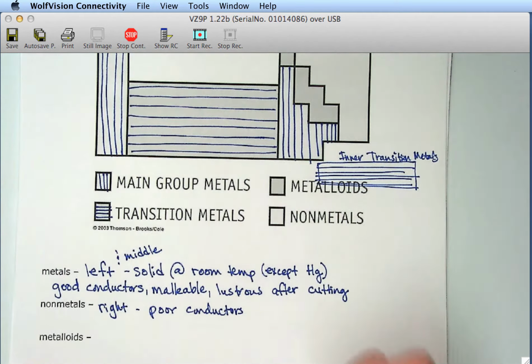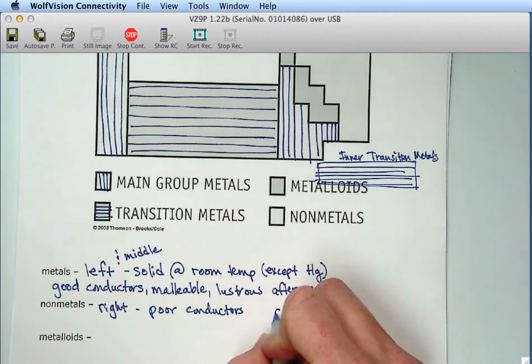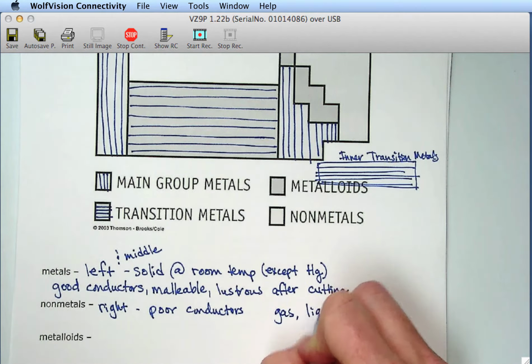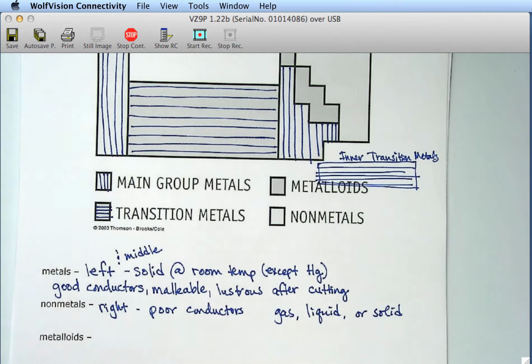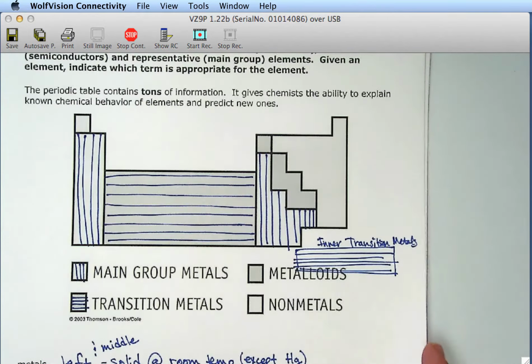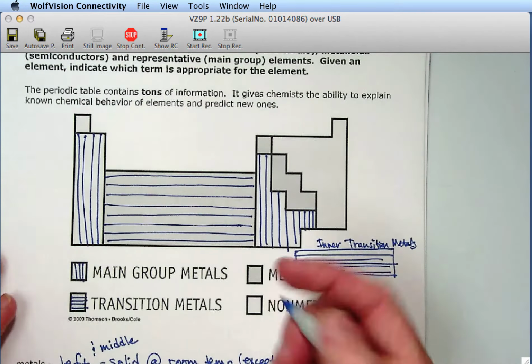And you can find examples of nonmetals that are gases, liquids, and solids. Whereas with the metals, you found more solids. So I will do the nonmetals.